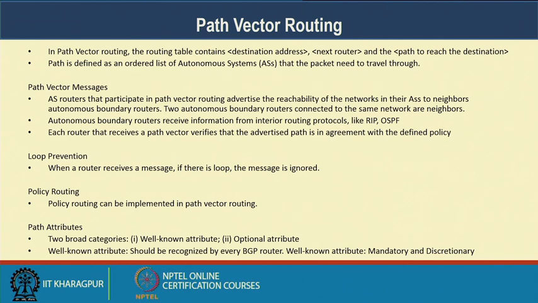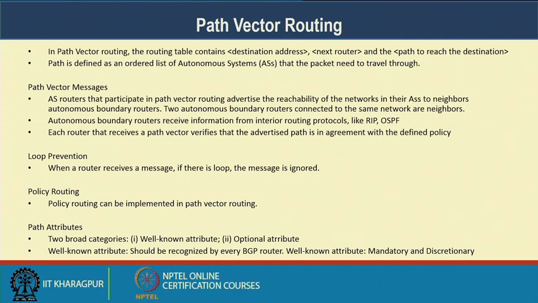Now, this path is an ordered list of autonomous systems that the packet needs to travel through, right. So, the path is defined as an ordered set of routers or autonomous systems that the packet needs to travel through.